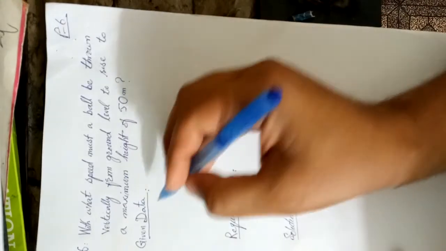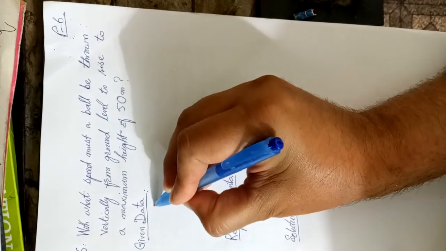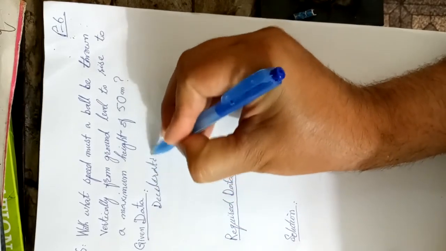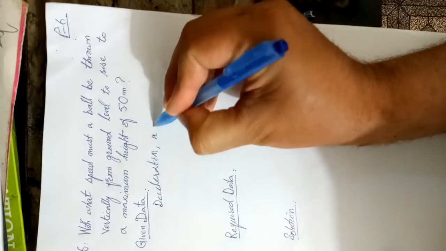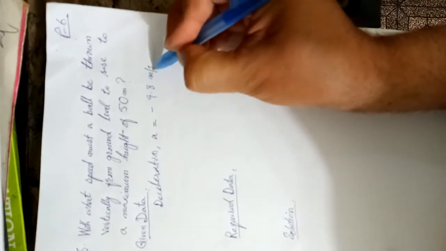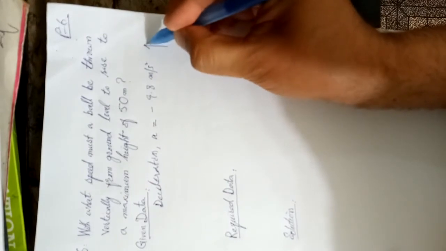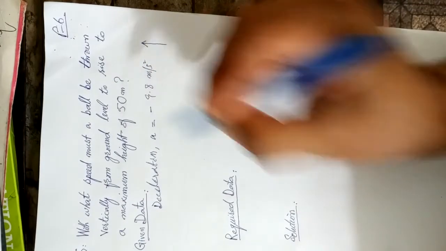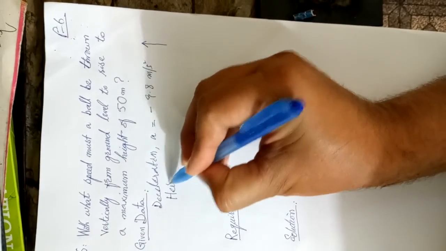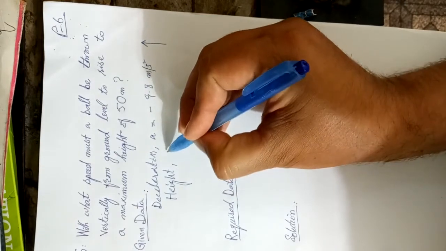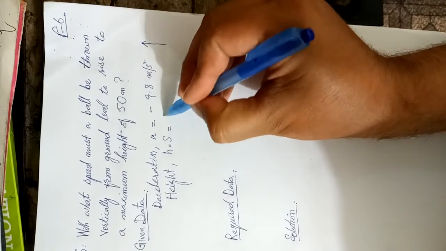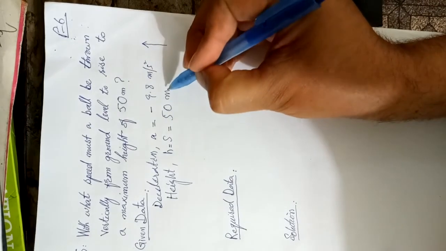So, given data, deceleration A is equal to minus 9.8 meter per second square as it is thrown in upward direction. So we will take A as negative. And maximum height, which is h equal to distance s, will be equal to 50 meter.